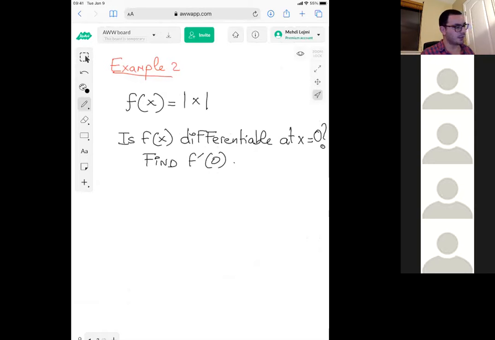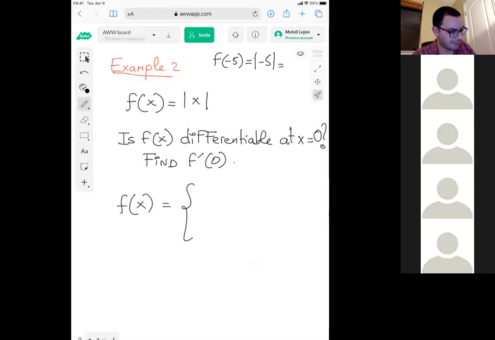Another way to write this function: if you have f of -5, that would be the absolute value of -5. So what would be the absolute value of -5?